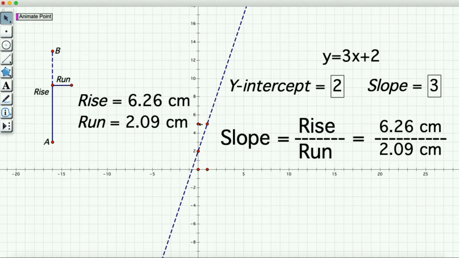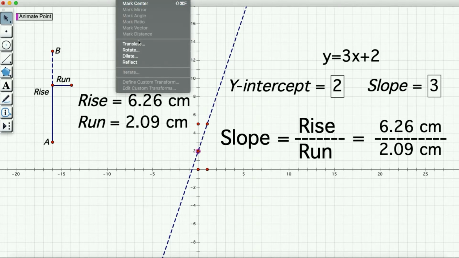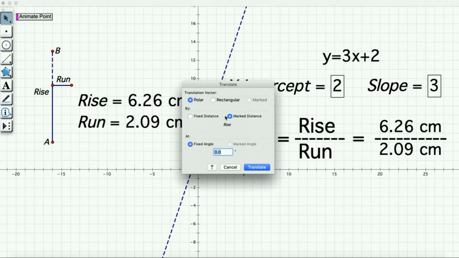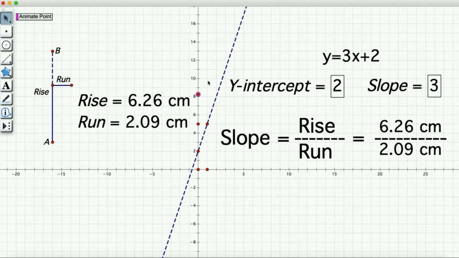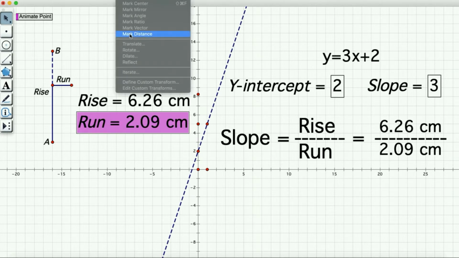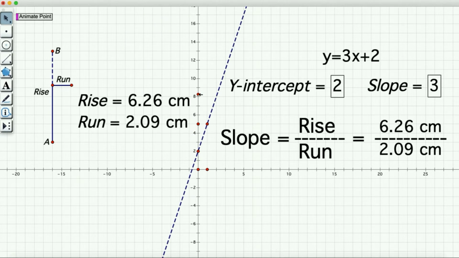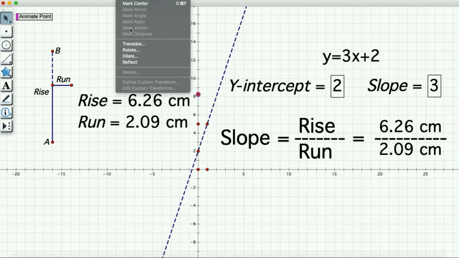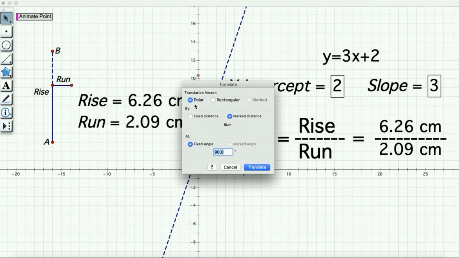So I'm going to mark this as my distance, and then start here and translate my point by a fixed distance, a marked distance, and the angle is going to be 90 because it's going straight up. And then I'm going to translate this same point by the run. So I'm going to mark that as my distance, and then I'm going to translate this point by that distance.